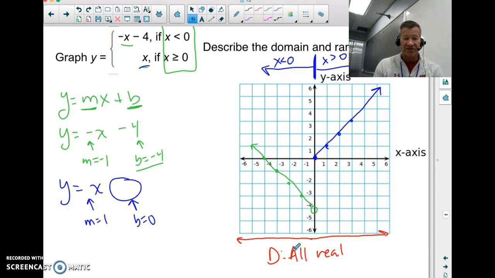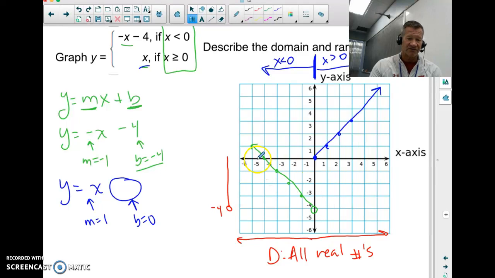Now what about the range? What about all the y values? Well, we're going to start low and work our way up. You notice there's nothing on the graph down here, not until I get to -4. The graph starts at -4, but notice there isn't really a point there. But that's the moment that I start. So now from -4 it comes up, and how far does it go up?